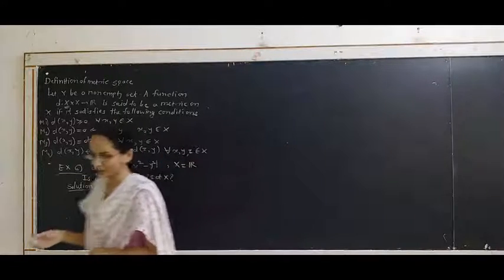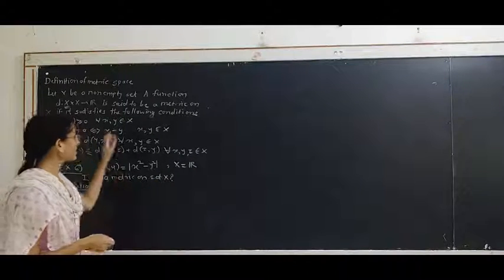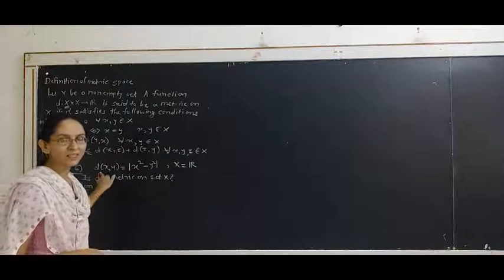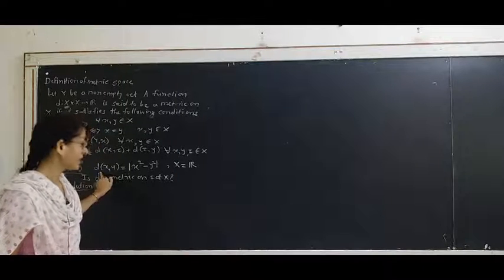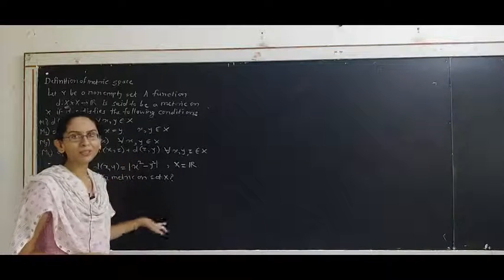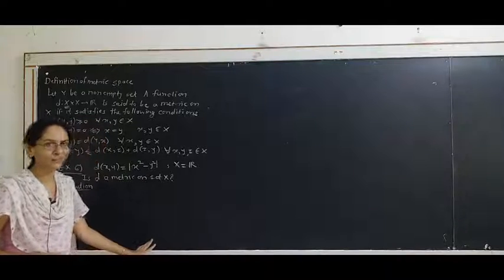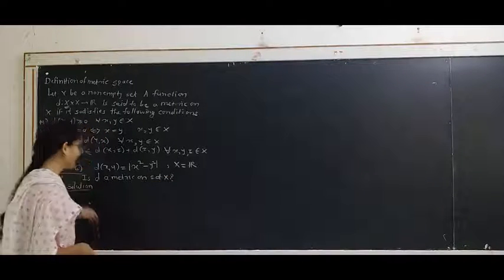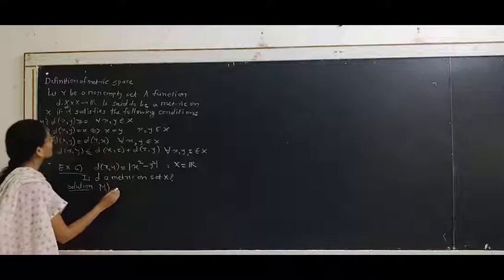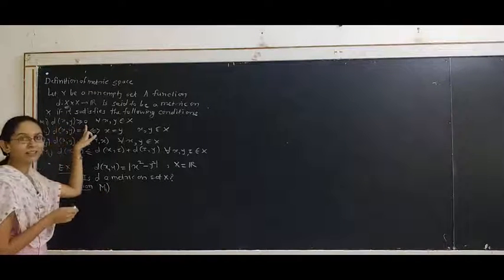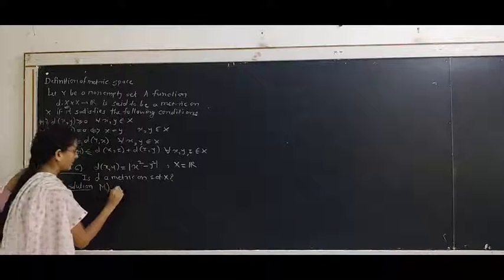See one by one property. If any one of the properties is not true for this defined function, then we can say that d is not a metric on the set X. If d satisfies all the four properties, then d will be a metric on the set R, set of real numbers. First, M1, we must have d(x,y) greater than or equal to 0.